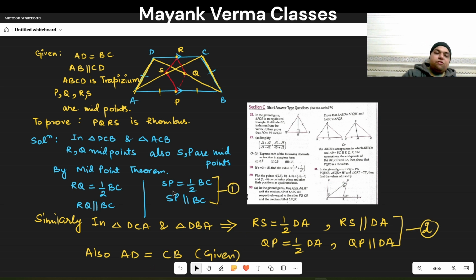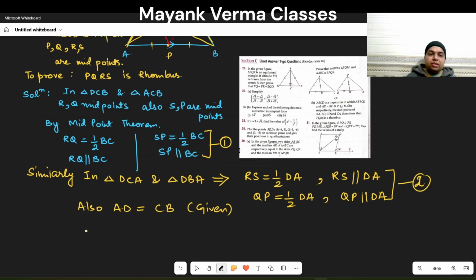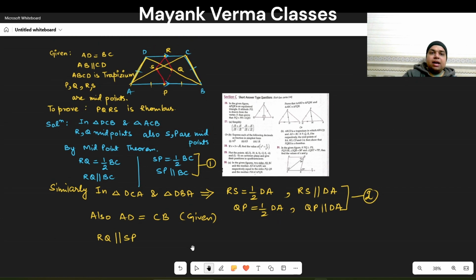So I can say from all these things that RQ is parallel to SP. Okay, if you see the diagram, RQ is parallel to SP, and PQ is parallel to SR, right?